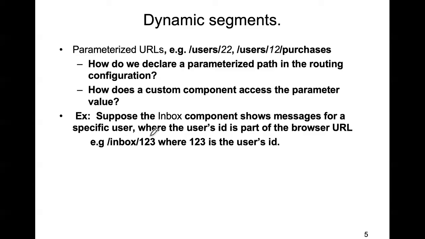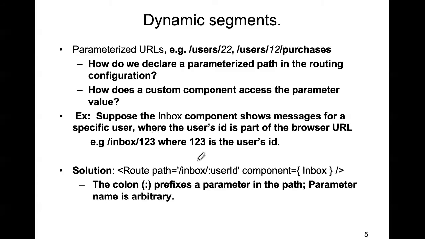So first of all, in our routing configuration, how do we indicate this parameterized URL? It would look something like this. The colon here is significant, where this is telling React Router that this part of the URL is actually going to be variable.